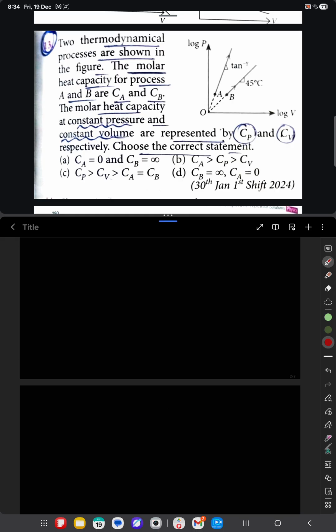In the given question, this is a good one. Two thermodynamic processes are shown in the figure. The molar heat capacities for the processes A and B are Ca and Cb.